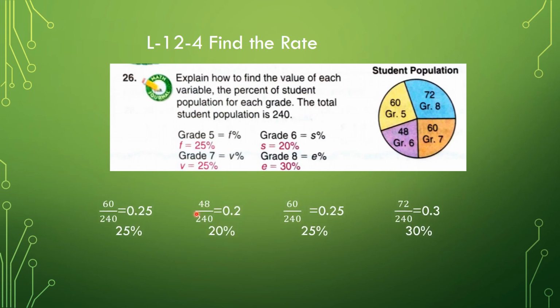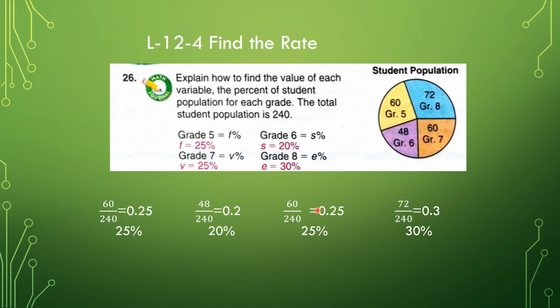60 over 240 is 0.25, and in percentage it is 25%. And 48 over 240 is 0.2. It is 20%.